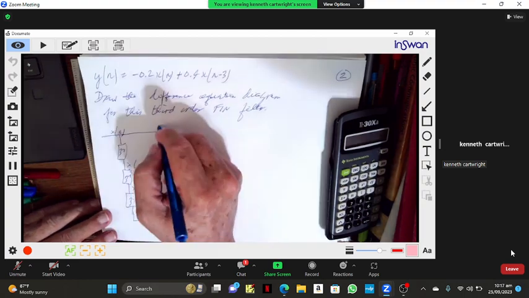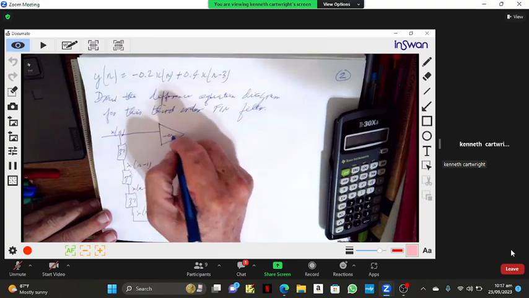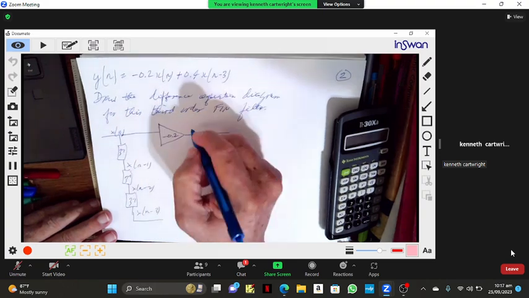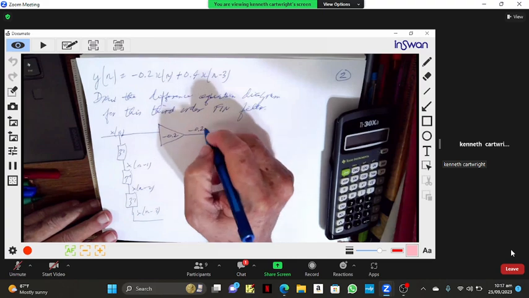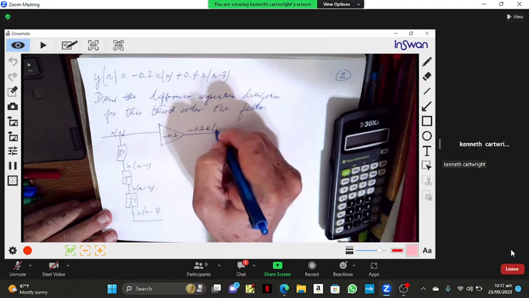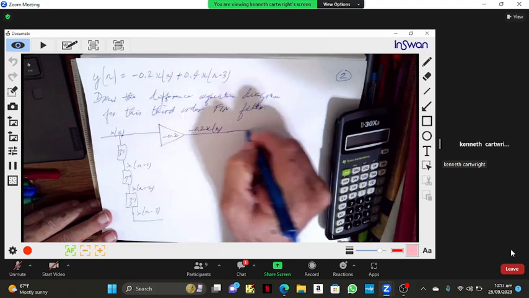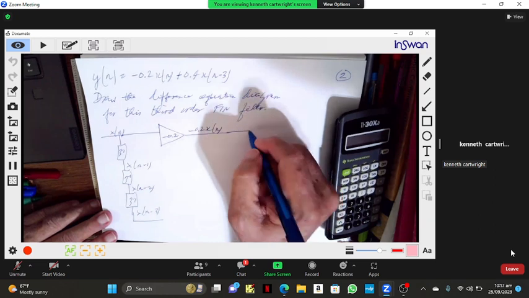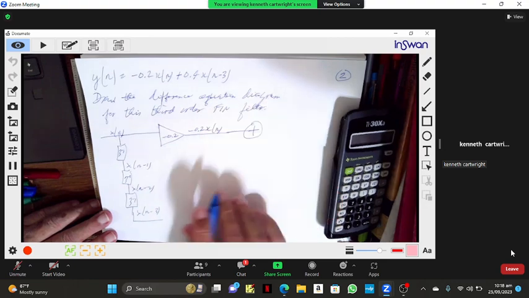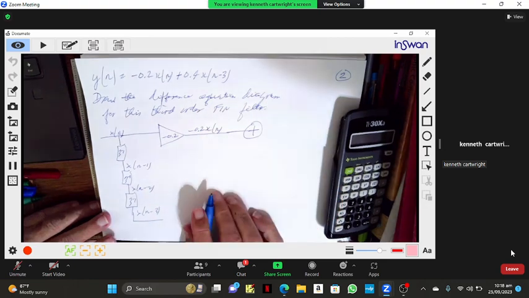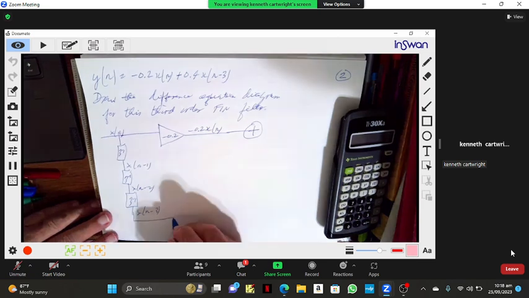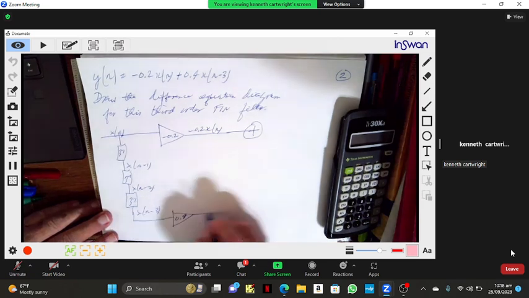We have a coefficient here from x of n. That's negative 0.2, so right here we have negative 0.2 x of n. And we need a sum of them together. And this one down here is 0.4, so here is 0.4 x of n minus 3.